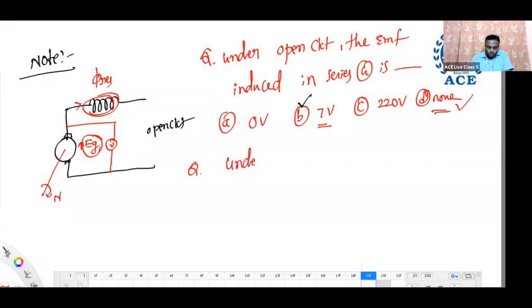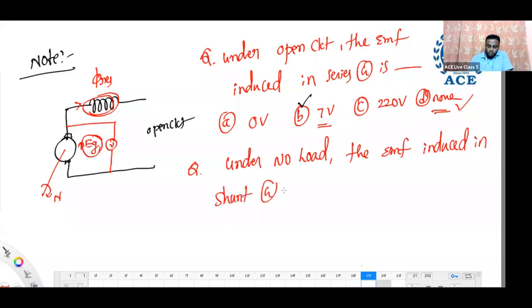Now another similar question. Under open circuit or under no load, both are the same. Under no load, the EMF induced in a shunt generator is dash. What is the answer?